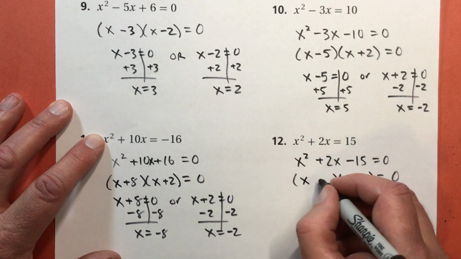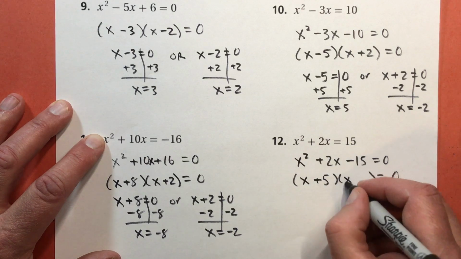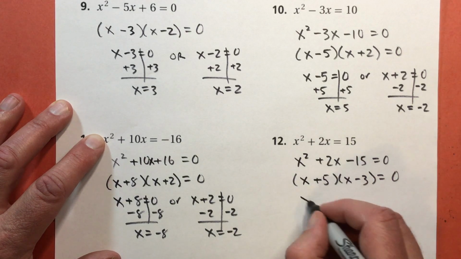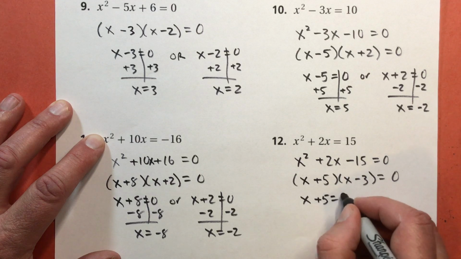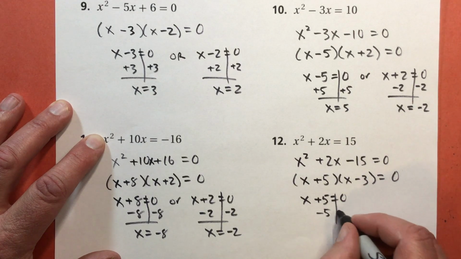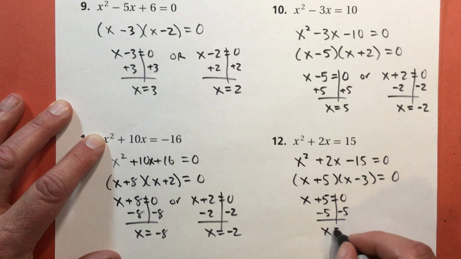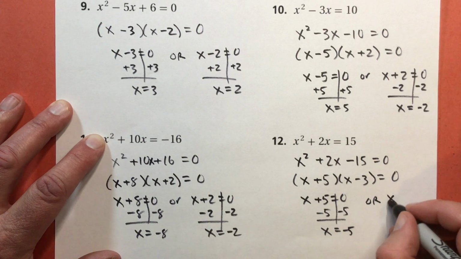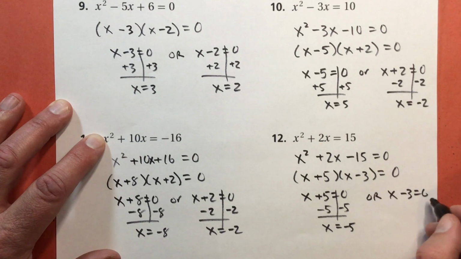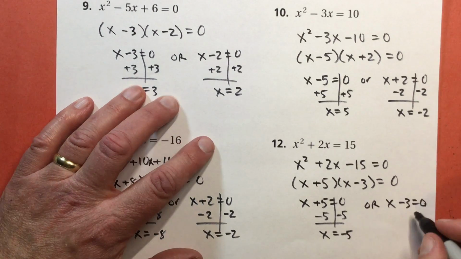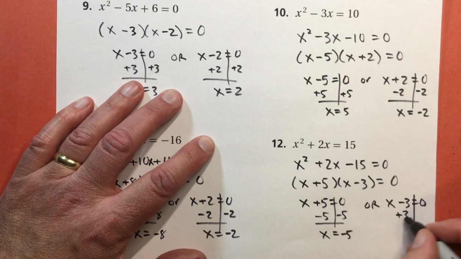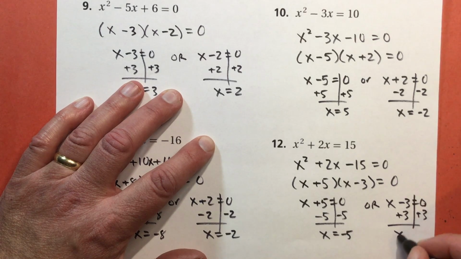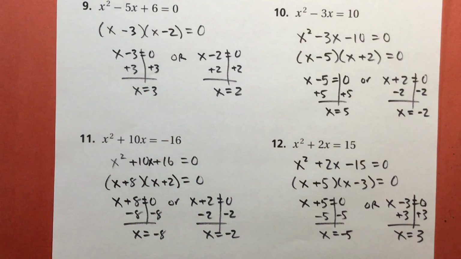I think that's going to be positive 5 and negative 3. So x plus 5 equals 0. Add negative 5 to both sides and get x equals negative 5. Or x subtract 3 equals 0. My paper moved on me. Add 3 to both sides and I get x equals positive 3.